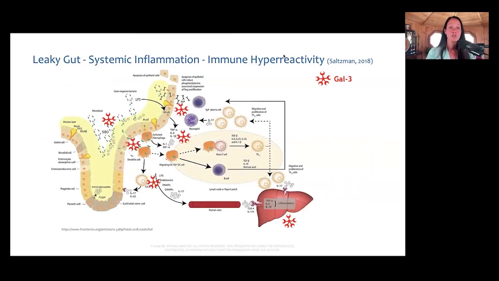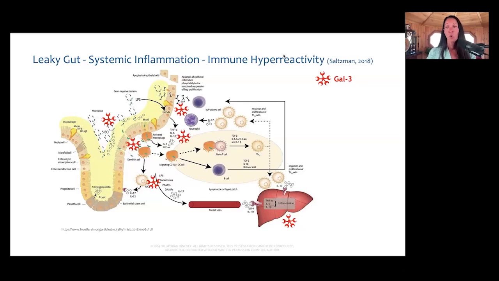So, really, this slide is showing a closer view here of the connection between leaky gut, systemic inflammation, and immune hyperreactivity. So, we have these little pentamers, which are galectin 3, and they basically are igniting or exacerbating the stimulation of this one inflammatory cytokine called nuclear factor kappa beta, which kicks off a further inflammatory cytokine cascade of tumor necrosis factor alpha, interleukin 6, and interleukin 1 beta, which are the major inflammatory cytokines.